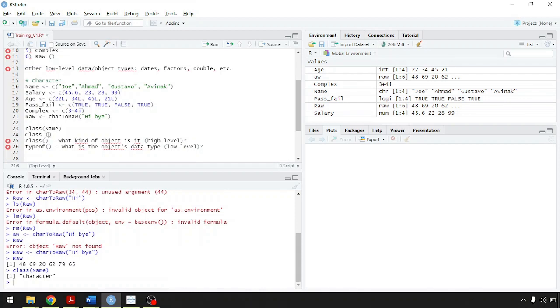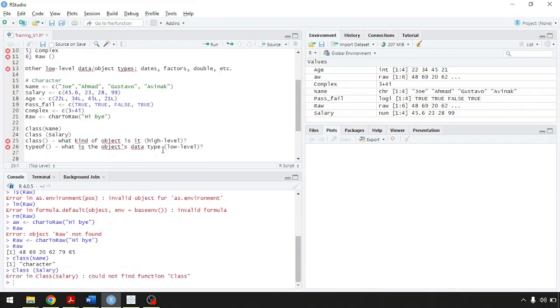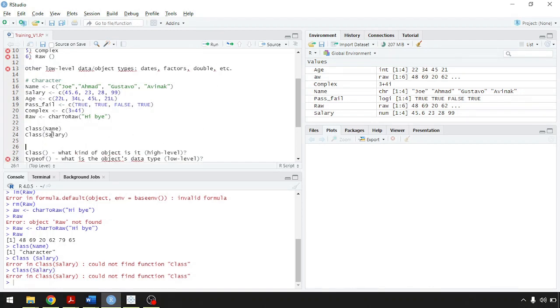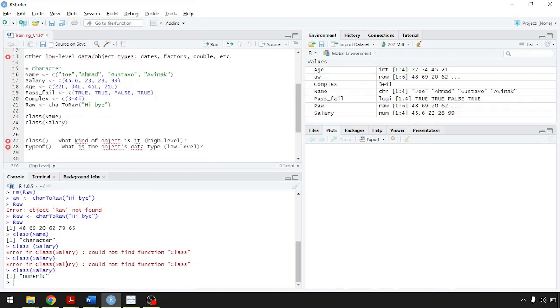Let's say, what is the class of salary? I always make a mistake with these. Oh, I put a capital C. So it's numeric. Salary is numeric.